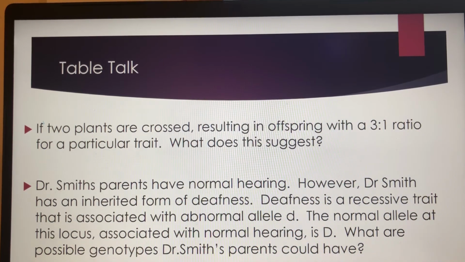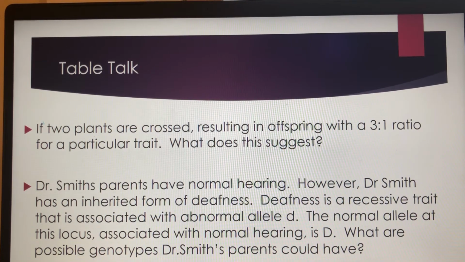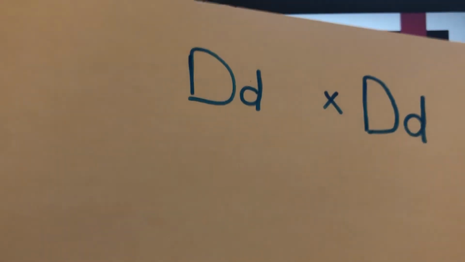So both parents have to be hiding a little d underneath their phenotype, okay? But neither one of the parents could be big D big D, because that means Dr. Smith was the mailman baby, because he had to inherit a little d from both parents. Because it is a recessive trait, you have to have two little d's. So both parents would have to look like this.